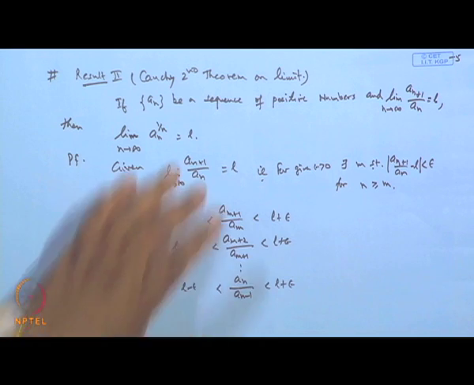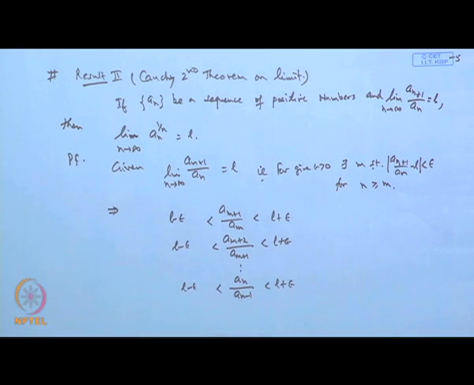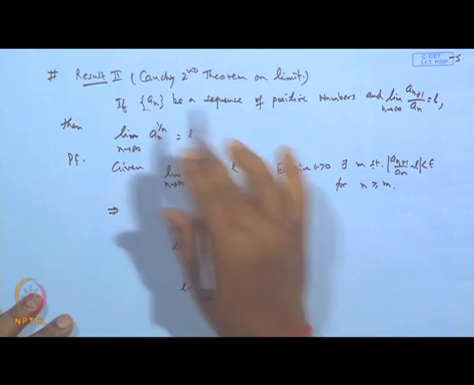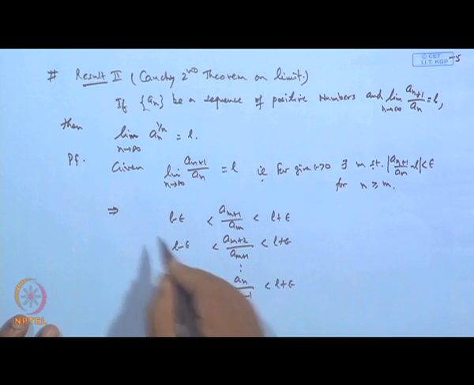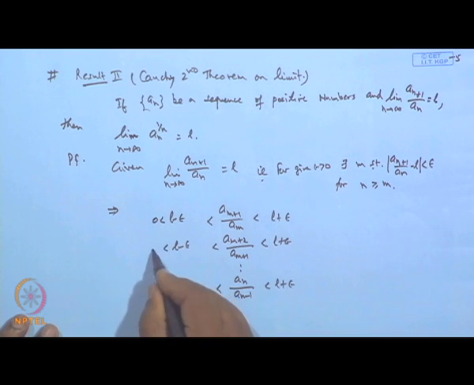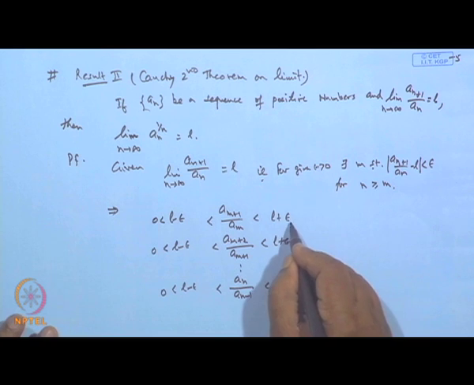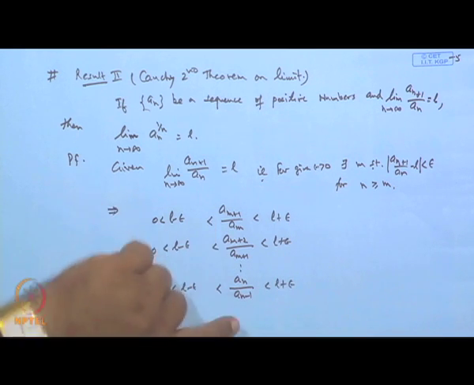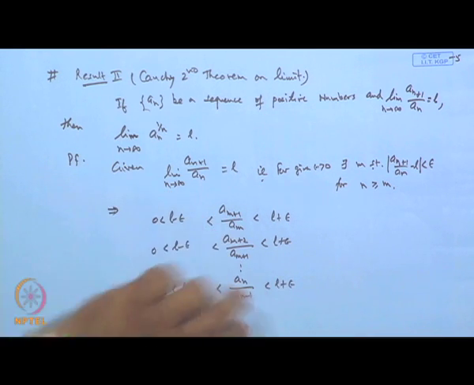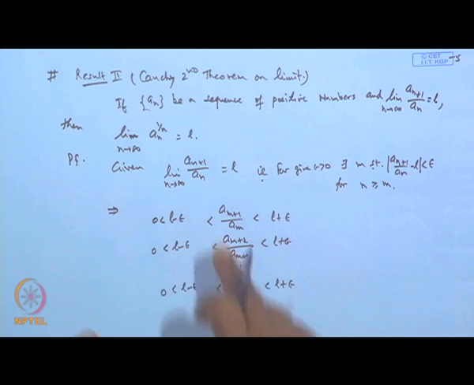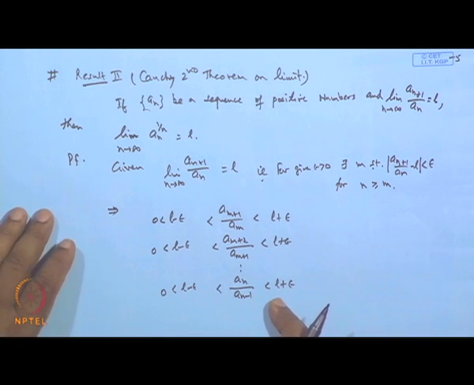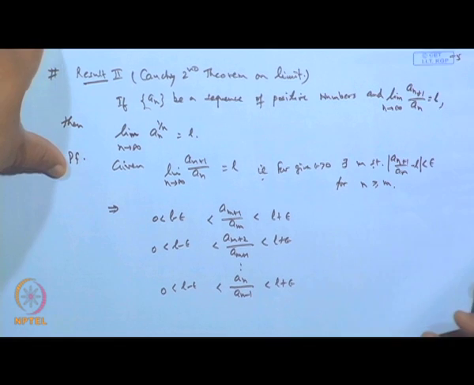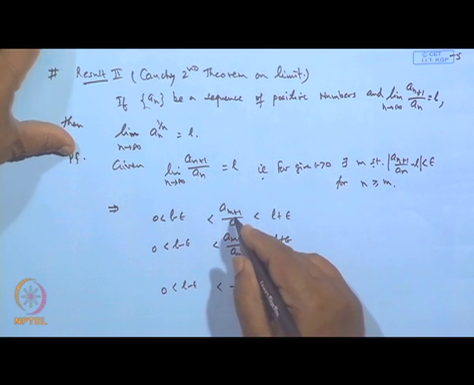Just continue. Now, find the product, because these are all positive quantities, remember, because a n is a sequence of positive numbers, these are all greater than 0. Once they are positive, we can multiply without changing the inequality. So, when you multiply, these are total n minus m terms.